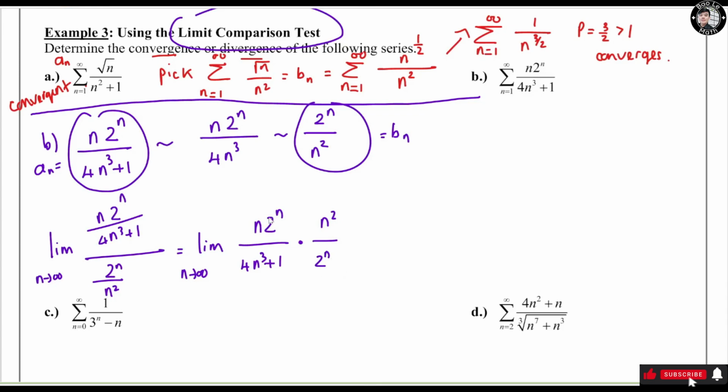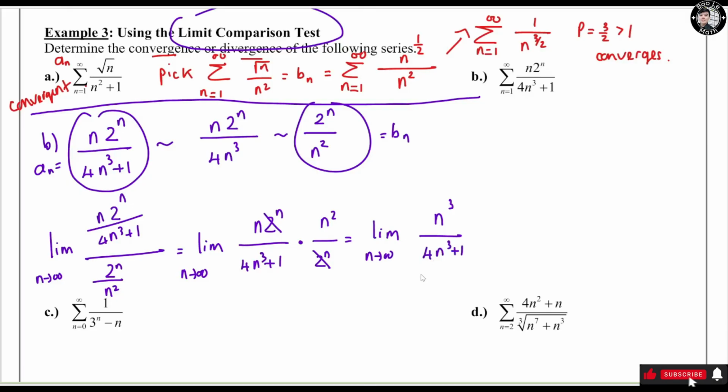So then this cancels out, and you have the limit when n approaches infinity of n cubed, because n times n squared is n cubed, over 4n cubed plus 1.